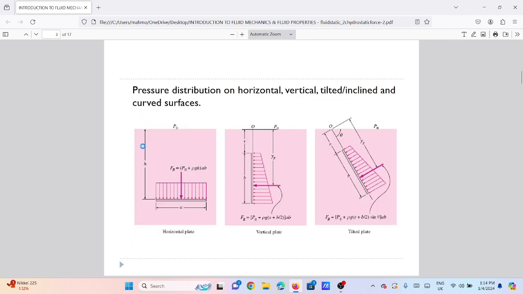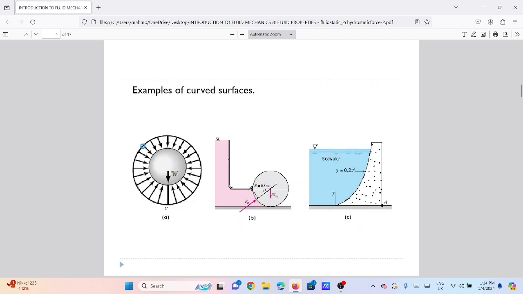So this is a sample of the pressure distribution on a horizontal plate, vertical, tilted or inclined, and curved surface. For the curved surface, A is a sample of a circle, and B and C are structures like a dam.